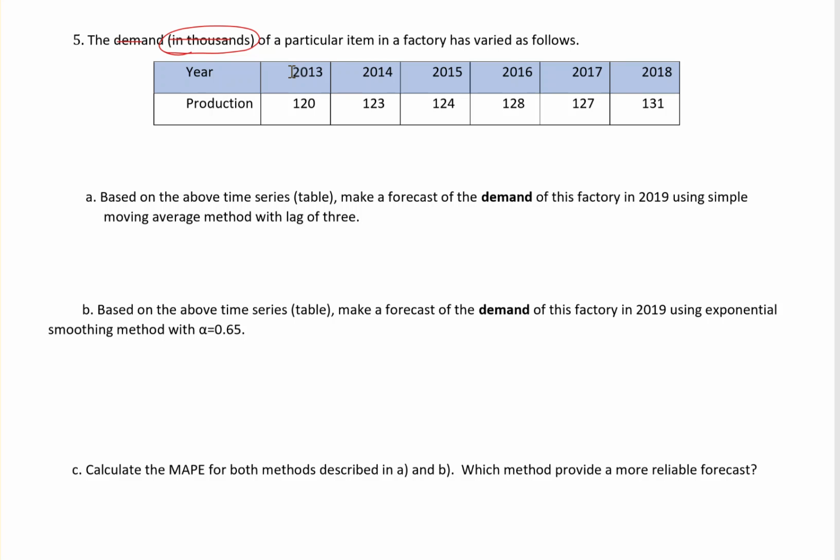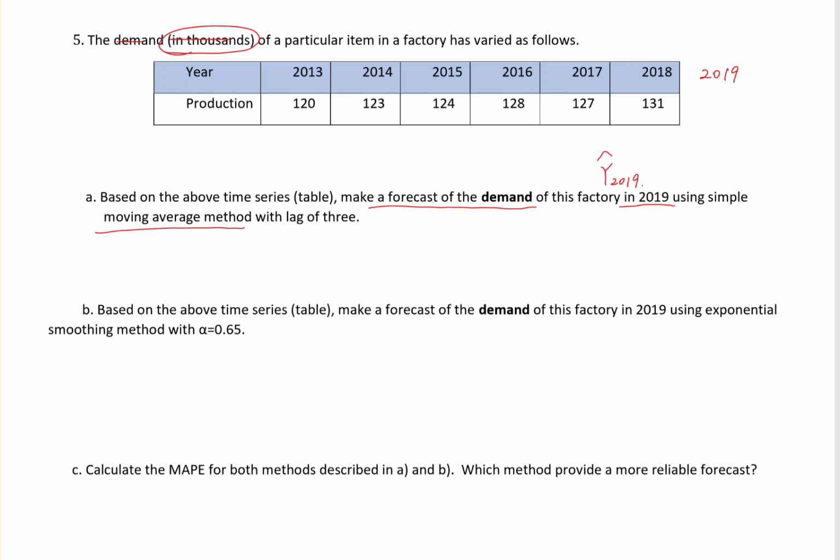Based on the above time series, make a forecast of demand in 2019. That means I need to find the predicted value, a forecasted value of y in 2019, right? So this is what we want, using the simple moving average method.